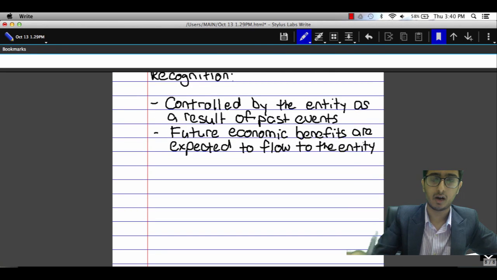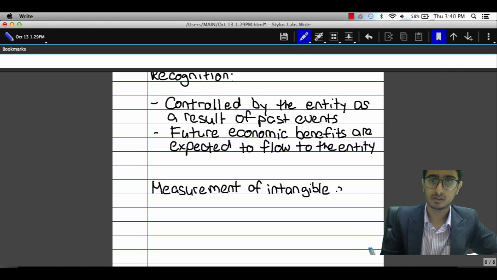Now, what is the measurement of intangible assets? Initial measurement should always be at cost.